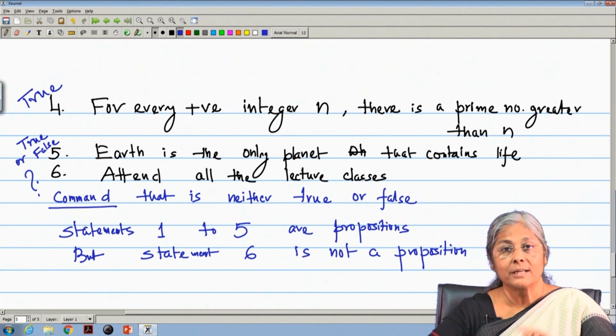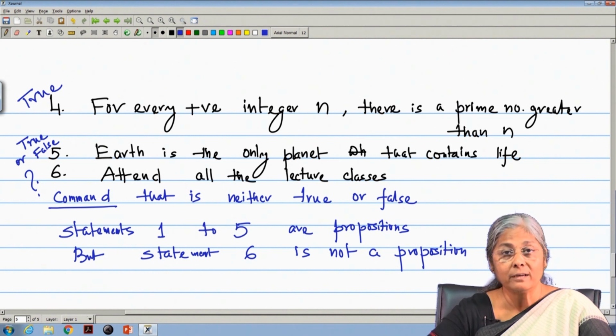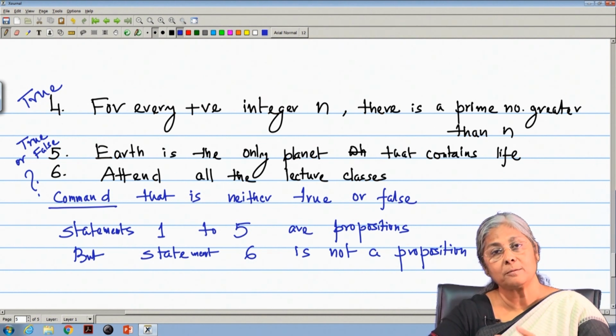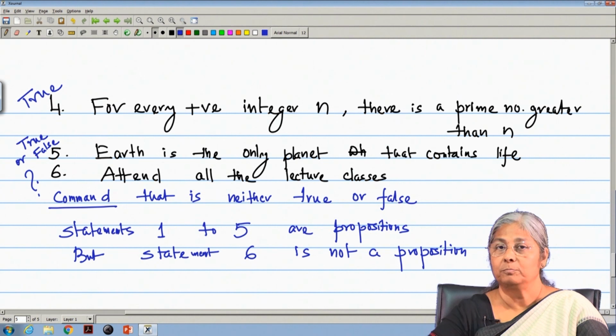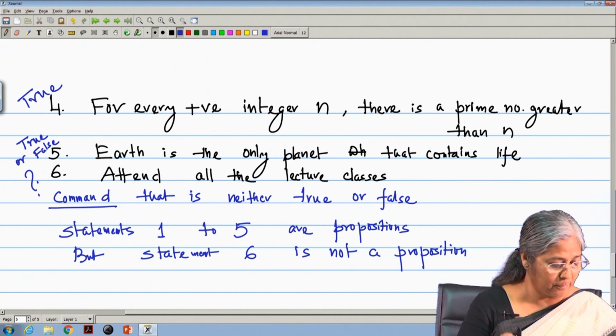So, a declarative statement which is either true or false, but not both at a time, is a proposition. But a command or advice, this type of sentence or statement, cannot be a proposition. So, we define proposition with these examples.